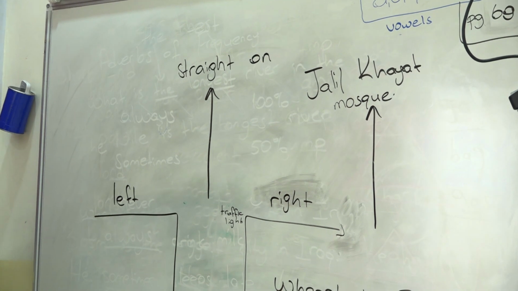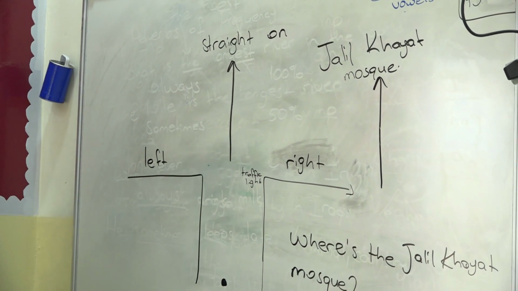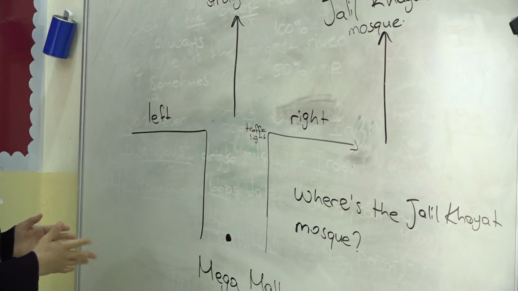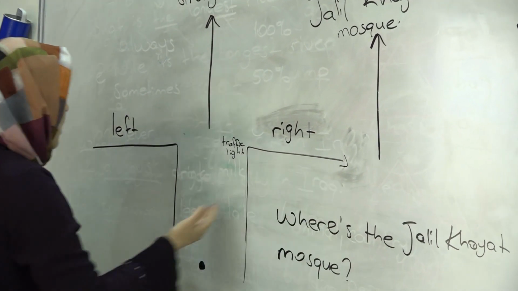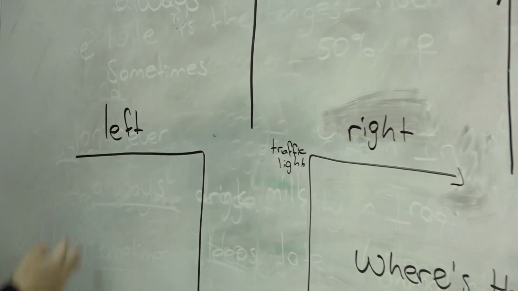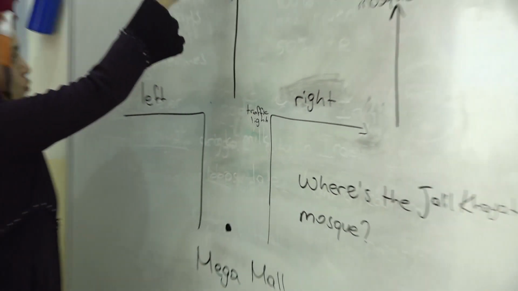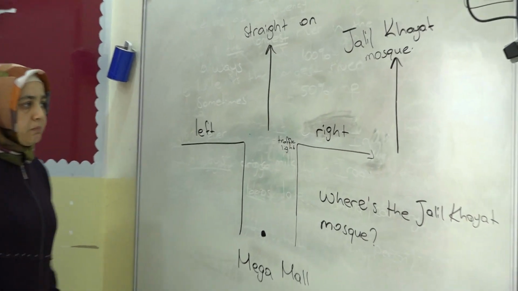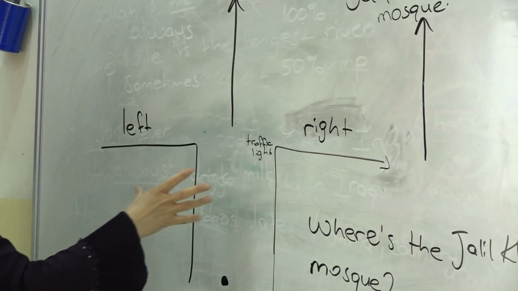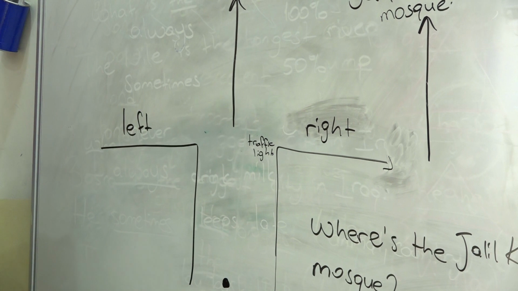You can explain in this way how to go somewhere else. As you see, this side is called right and this side is left, and straight on means go on directly, and this is enough information for now.